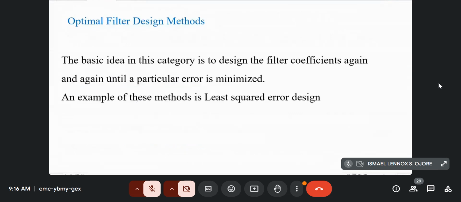And of course, the last method, which we will not look at, is the optimal filter design method. The basic idea of this is to design the filter coefficients again and again until a particular error is minimized. An example of this method is the least square error design.